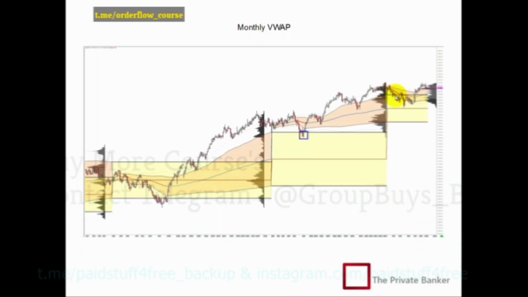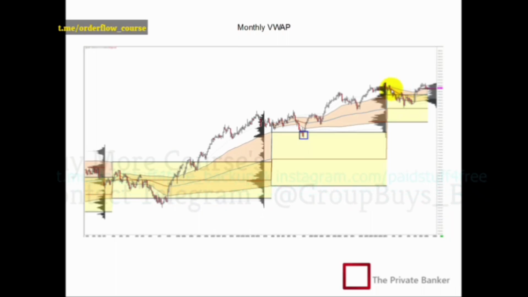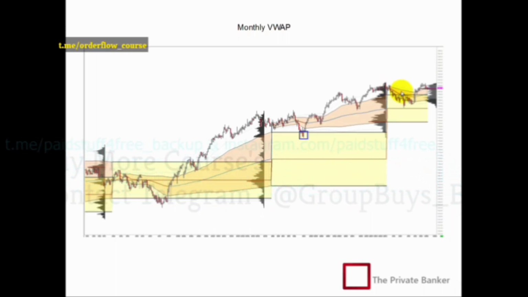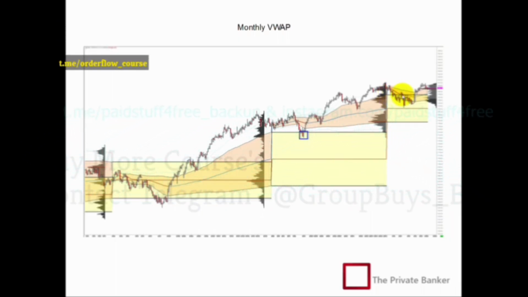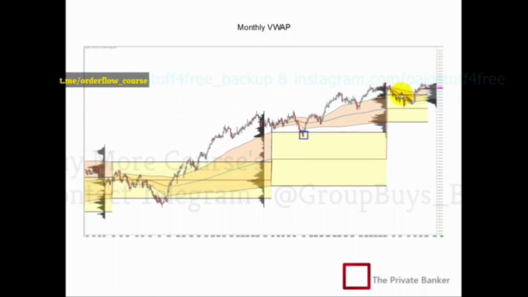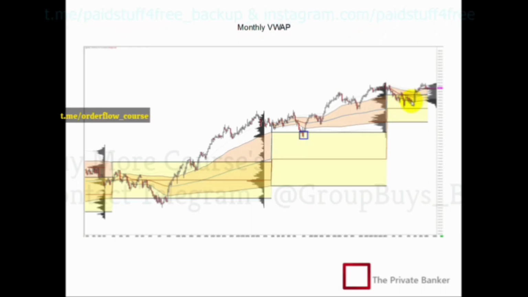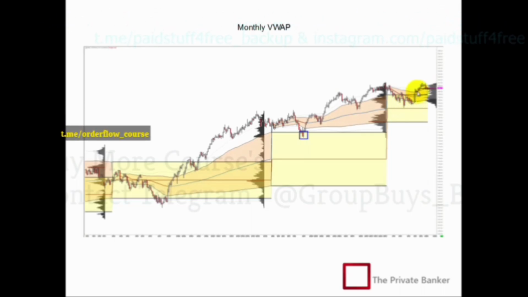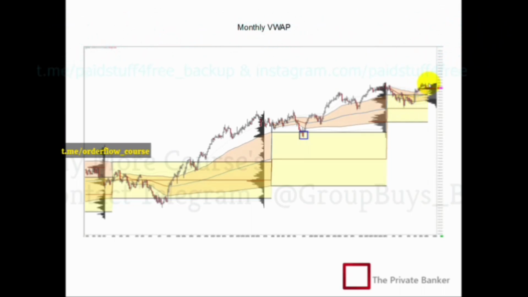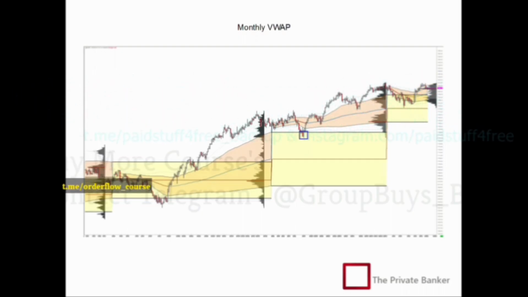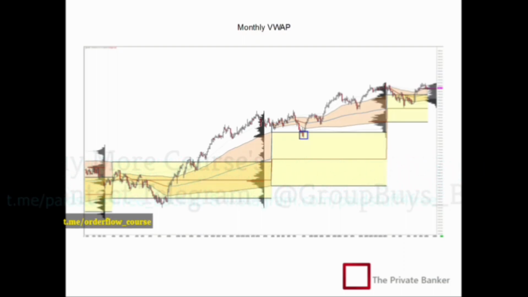The developing value catches up to price, pushes well into our previous month's value, but pulls back up to the current month's point of control or VWAP, as well as our previous month's value high close, and immediately comes right back to the point of control, finds support there, and buyers start becoming interested in those levels, and now we're imbalanced to the buy side. So again, very clear, typical rotational type behavior that's occurring within this monthly VWAP here.